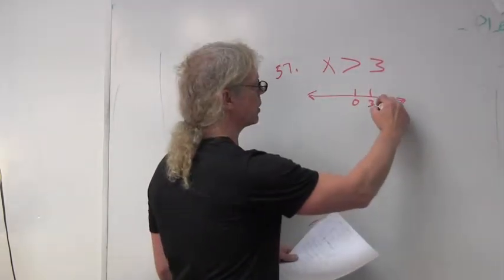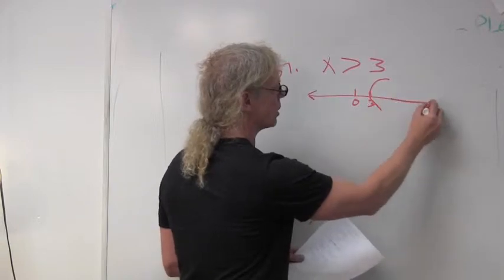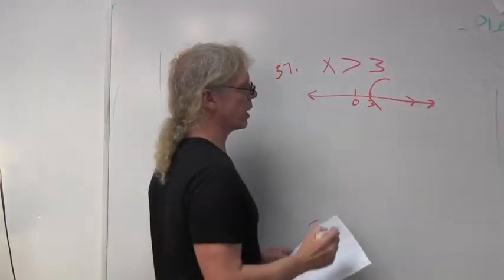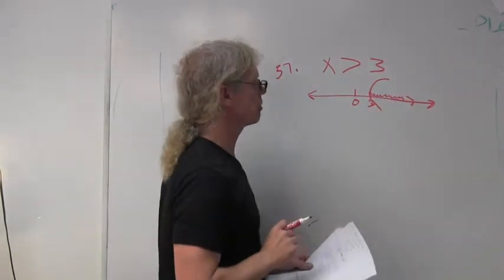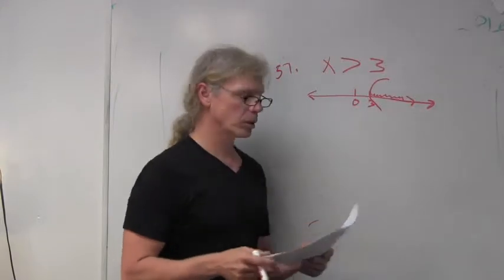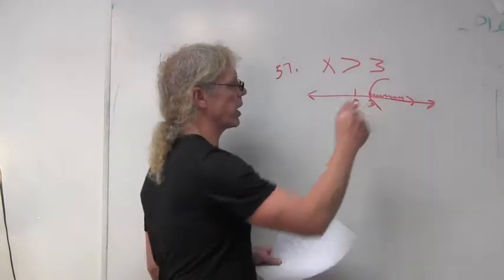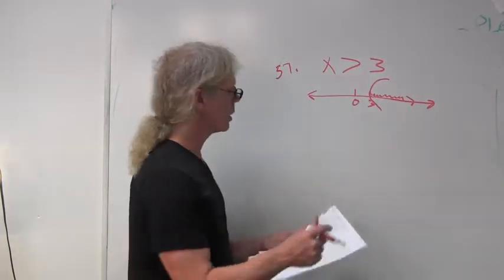So on 3 on the number line, I'll draw a parenthesis. I'll extend this arrow just a little more so it appears to be infinity. And then I'll draw an arrow there. As I said earlier, some people will just scribble it in like that. When your answer's in the back of your book, they just add another arrow. So that's the graph that shows that x is greater than 3.